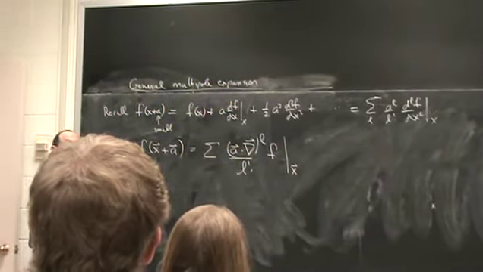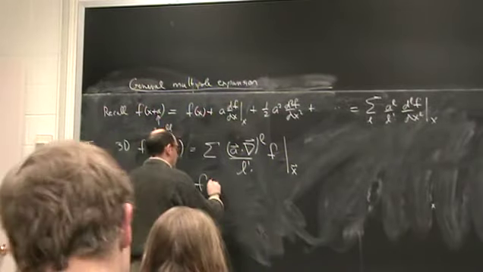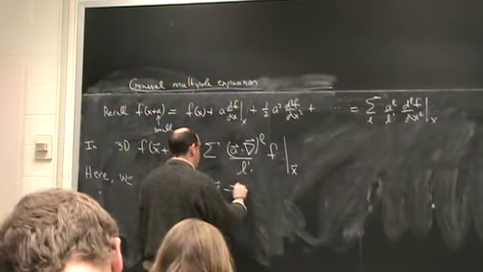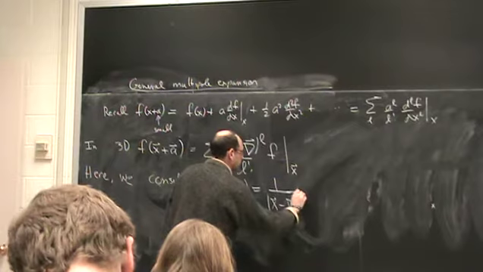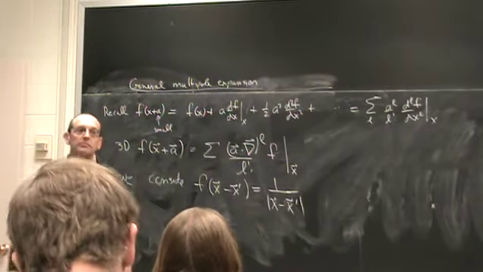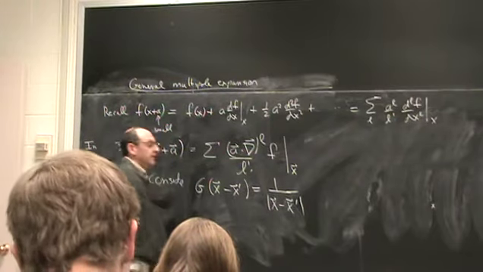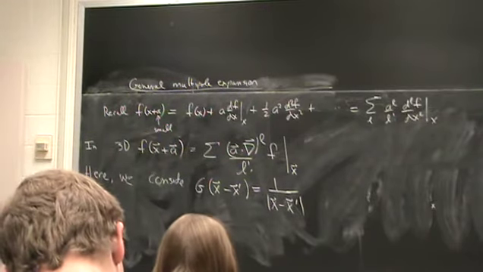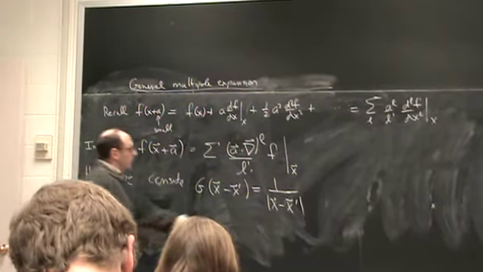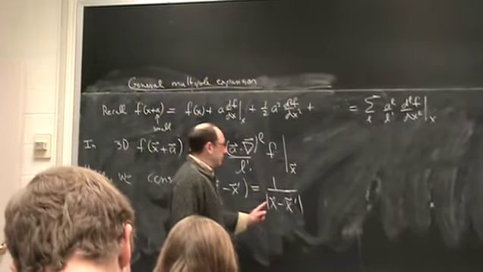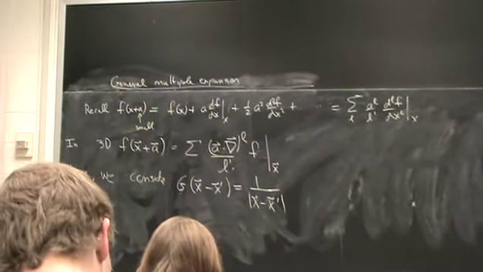So, here, we consider the function f of x minus x prime, which is 1 over the magnitude, or this is really the Green's function. Let me call it that because that's what it is. And we're looking at the Taylor series expansion of this, where the length of this vector is small compared to the length of that vector.